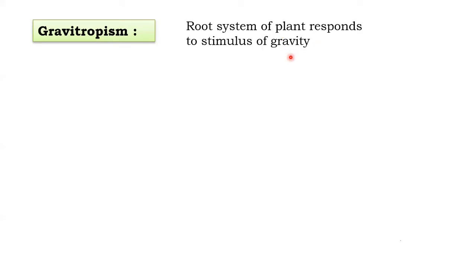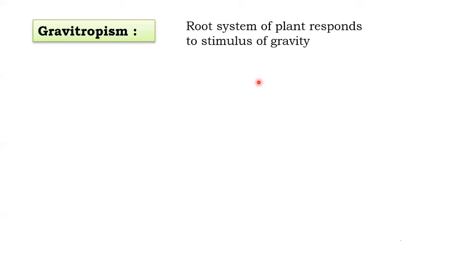Okay, so even over here, if we talk about gravitropism, it can come in two different categories, right? So we have positive gravitropism as well as negative gravitropism. Right? So what is positive gravitropism?